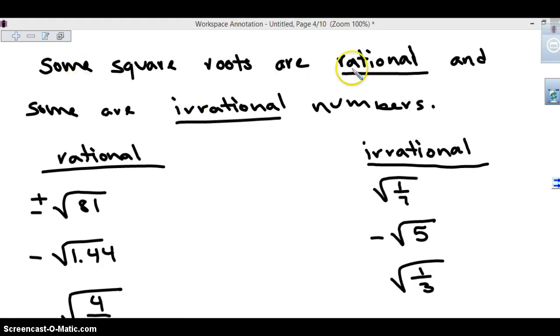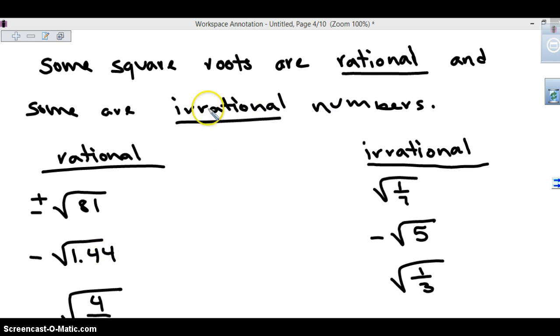Some square roots are rational and some are irrational numbers. A rational number is a number that is either a whole number or an integer, right? And as a decimal, a rational number either repeats or terminates.